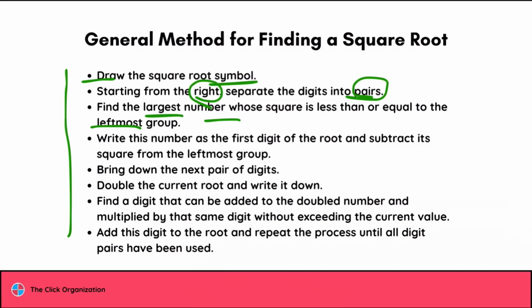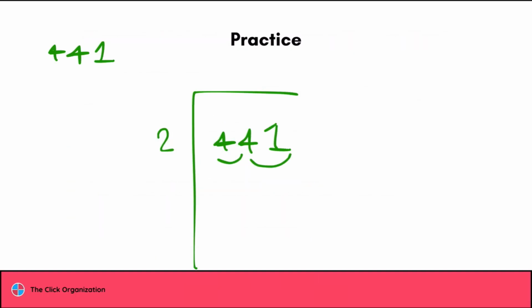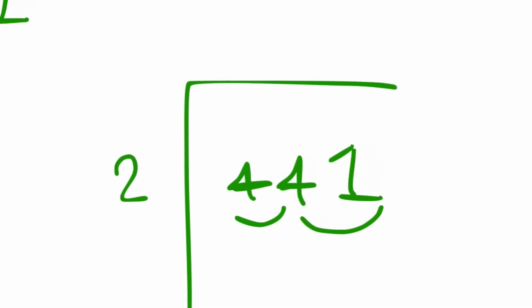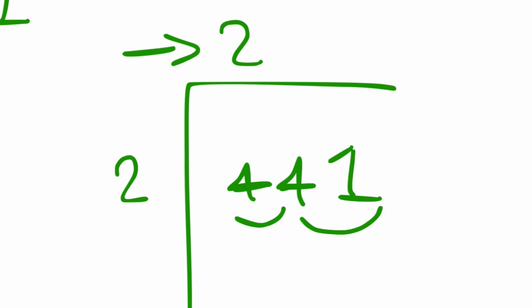Okay, the next step, write this number as the first digit of the root and subtract its square from the leftmost group. So writing it as the first digit of the root, I need to write it on the left and also on top, because on top we are writing our root, or our result.